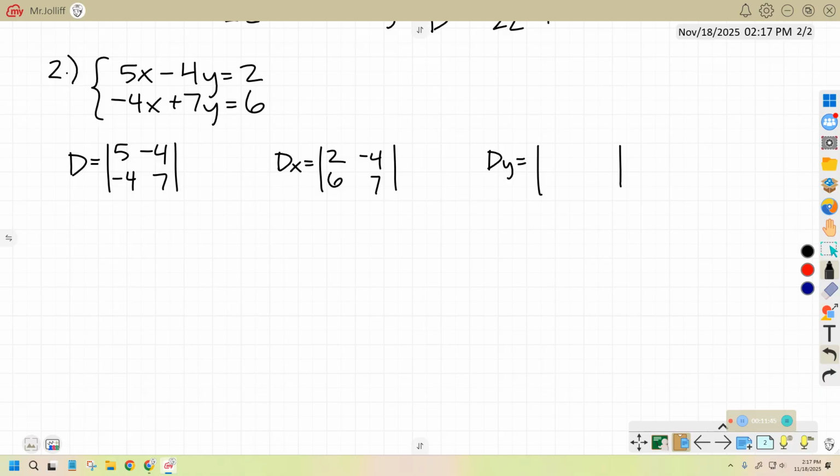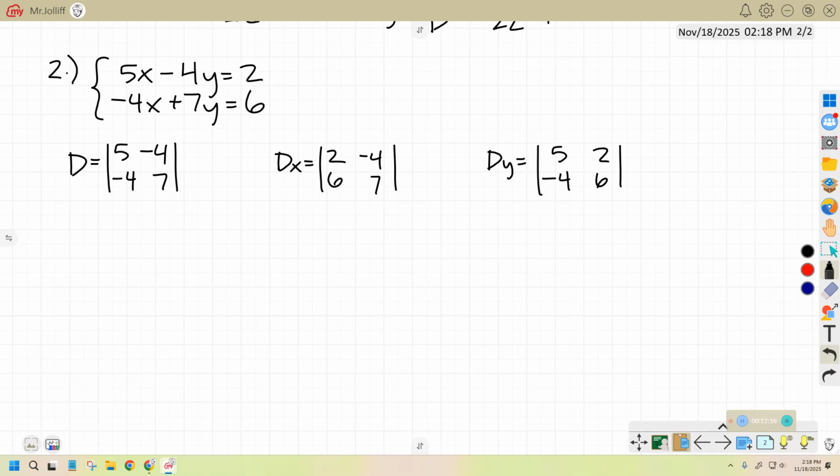Alan, what's my dy? Five, 2, negative 4, 6. Thumbs up if we agree with Alan. I saw a couple thumbs up. I agree. X column matches X column in the coefficient matrix. Y column matches the answers, constants.